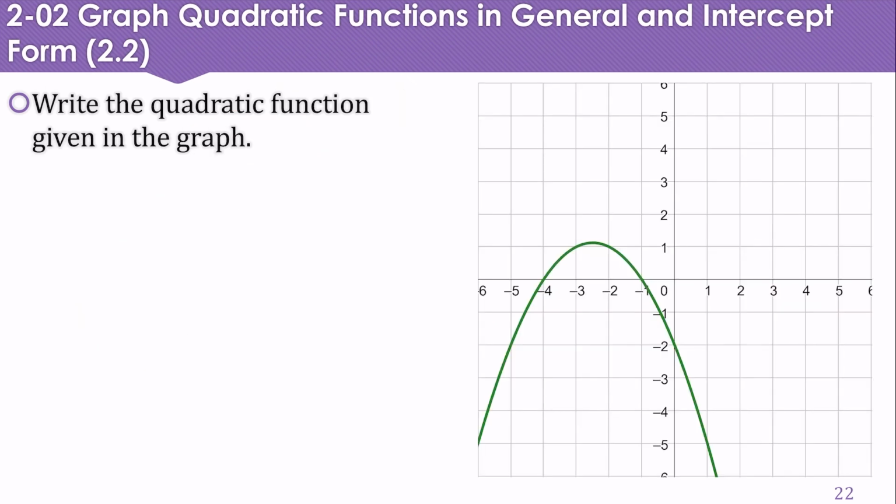Let's try one from the graph. From the graph, usually the vertex is nice, but I don't really know where that point is. But I do know the x-intercepts. I know the x-intercepts are p, which is -4, and q, which is -1. So since I know the intercepts, let's use intercept form.